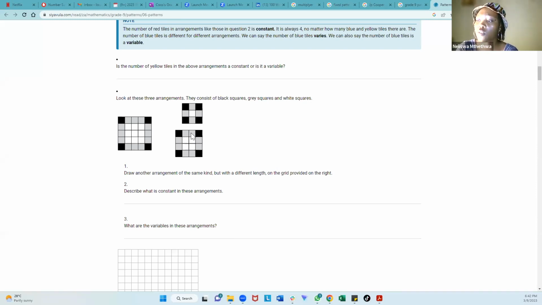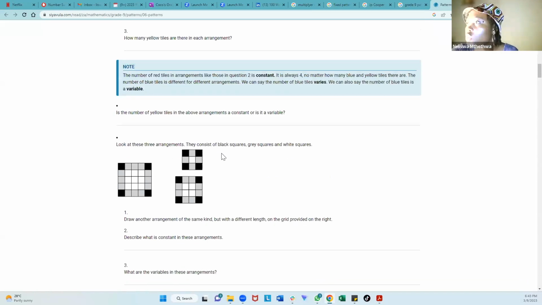How many gray squares are there in arrangement 1? Remember, this is arrangement one, this one here. So how many gray squares? That will be 4, that's right. And then arrangement 2, this one here, how many gray squares are here? That's 8. And then arrangement 3, how many gray squares?